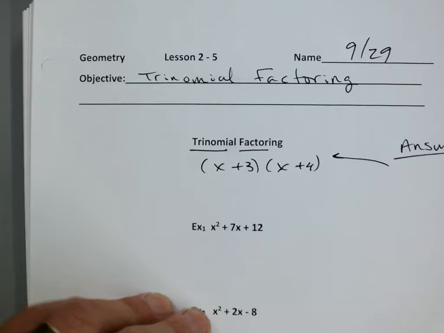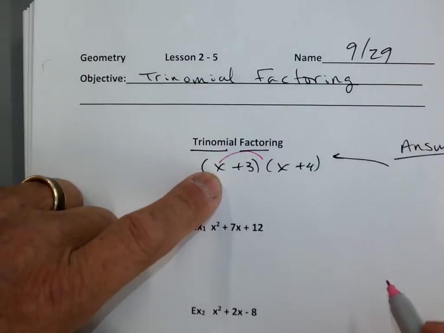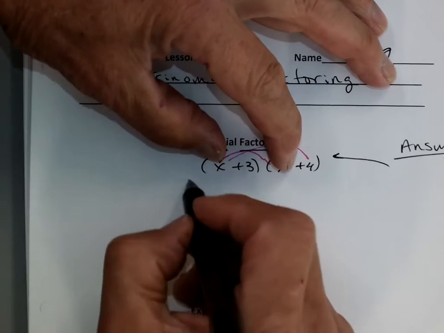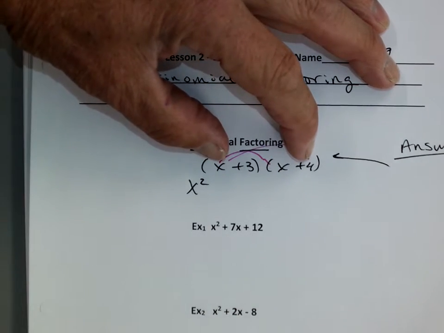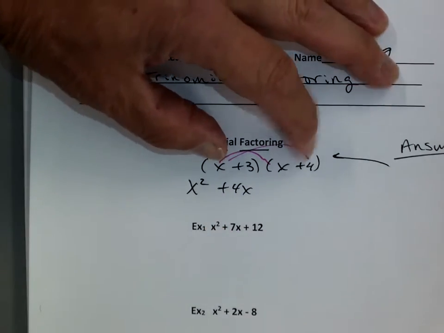In the last week, we actually did the multiplication with it, right? So last week we went x times x, which is x squared. I got x times 4, a positive 4x.